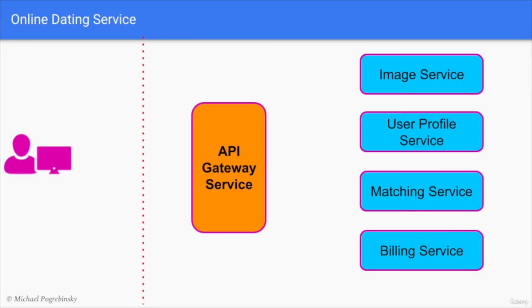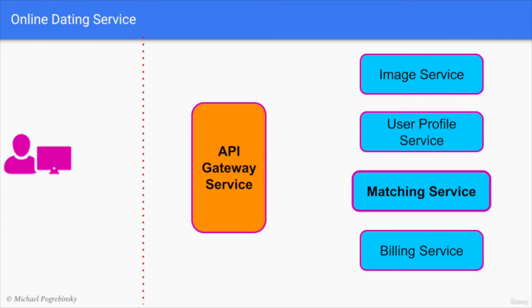For example, if we have an online dating service, we can have the following microservices separated by their business capability and subdomains. The user profile service is responsible for the business object that relates to the user's profile and every way that the user can interact with it. The image service takes care of the storage, resizing, and presentation of the profile-related images.